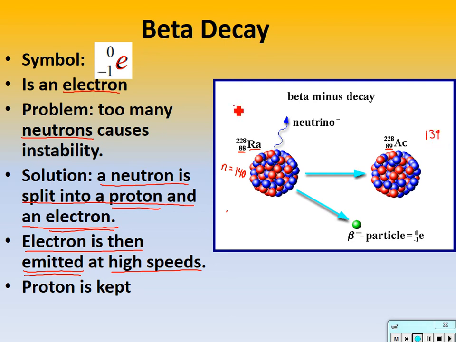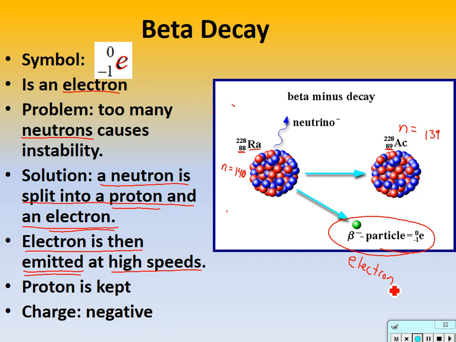So what happened to the number of neutrons, guys? It got smaller. That's why these atoms would give off a beta particle to get rid of neutrons. So if you've got too many neutrons, it gives off a beta particle. What is this really? It's really just a what? An electron. Okay. So beta particles are kind of crazy.